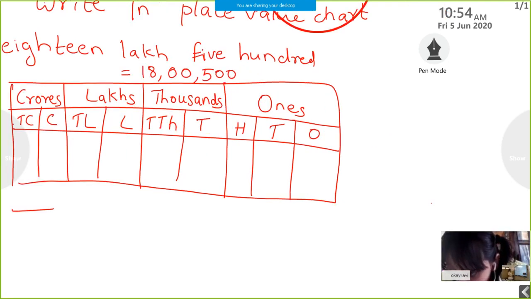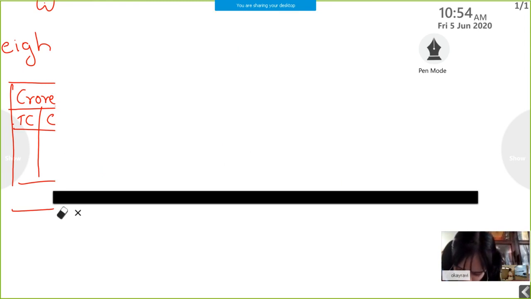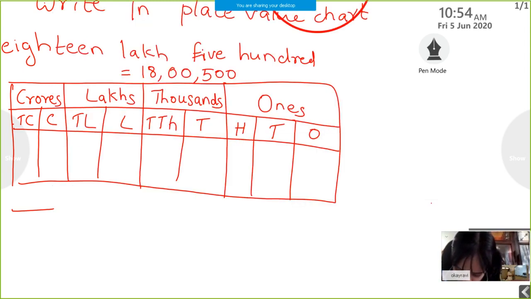Now, how will you express this number in the place value chart? Whenever we express this in a place value chart, we start from the right end digit, and it should be filled in the right end place of the chart. Which is the right end digit? 0, so 0 comes under ones place. Then the next digit in the tens place, also 0.